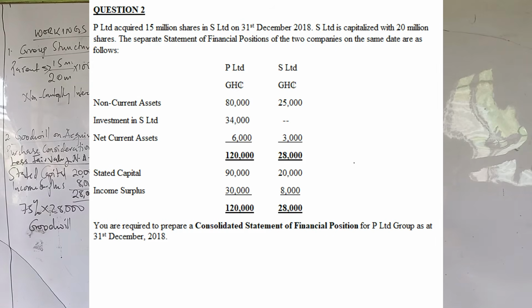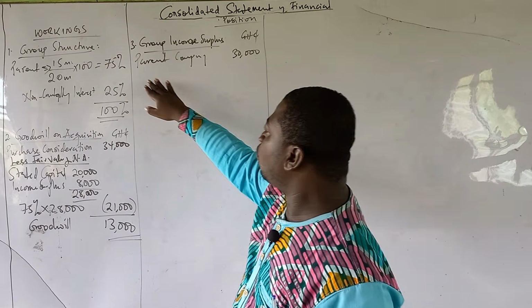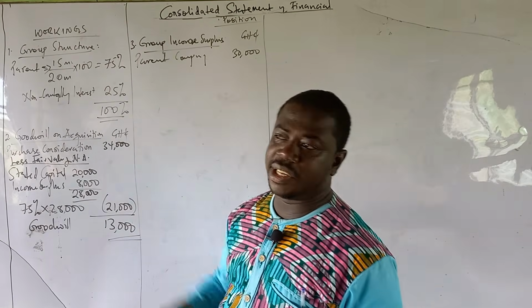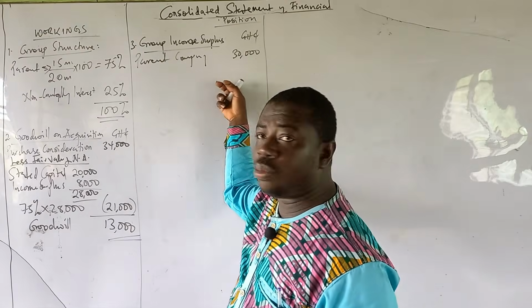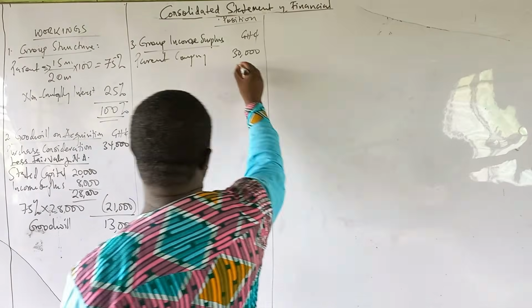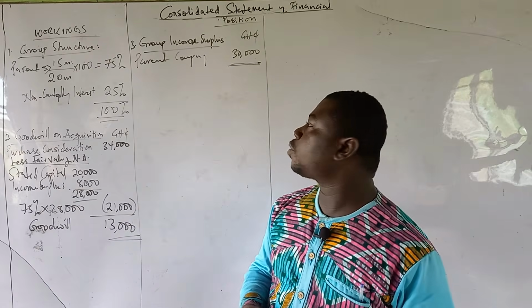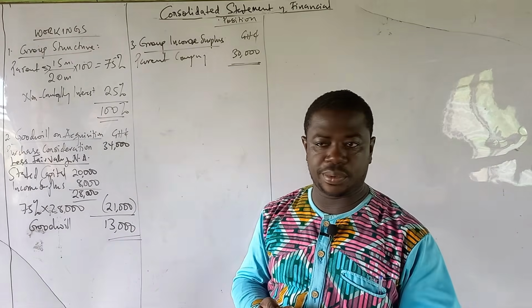So we have that in the question as 30,000, as you can see on your screen. And then after the 30,000, if there is any post-acquisition profit of the subsidiary, then the group will have a share. But since we are consolidating on the same date of acquisition, there is no post-acquisition profit. So the parent company's income surplus becomes the total group income surplus.